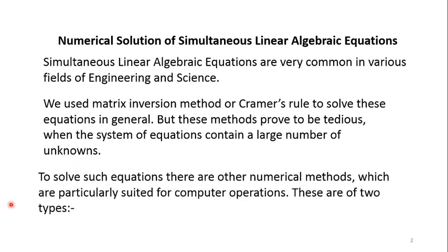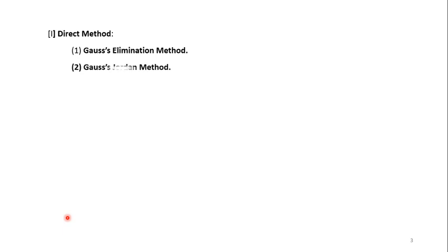To solve such equations, there are other numerical methods which are particularly suited for computer operations. These are of two categories or two types. One category is direct methods. One of them is Gauss elimination, the second one is Gauss Jordan method, and the third one is Crout's method.